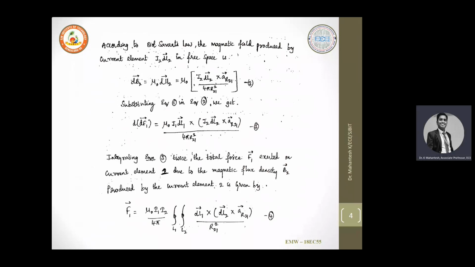What is R21? R21 is the distance between the conductor and the point 1, that is, the current carrying conductor I1 dl1.